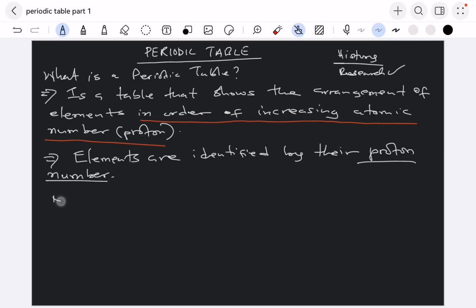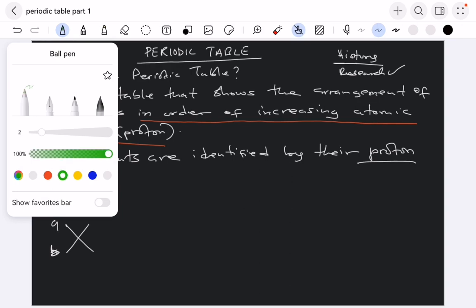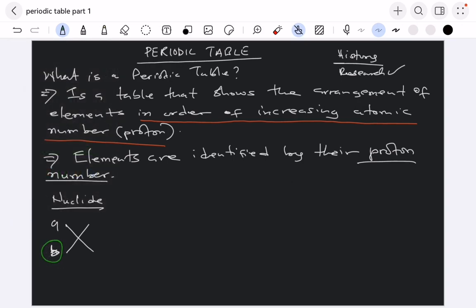When we look at the nuclide, the nuclide is like this. You have A and you have B. So we are focusing on this number. This is the number that is known as the proton or the atomic number. This is the number that was used to arrange elements on the periodic table.